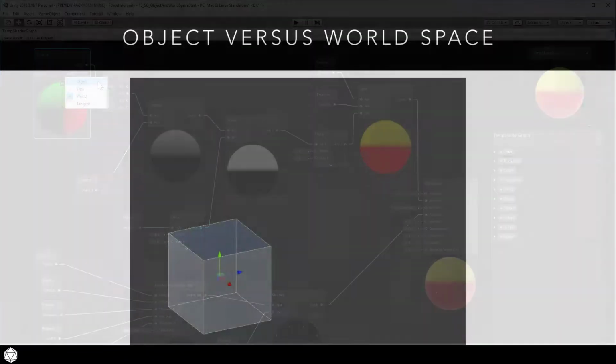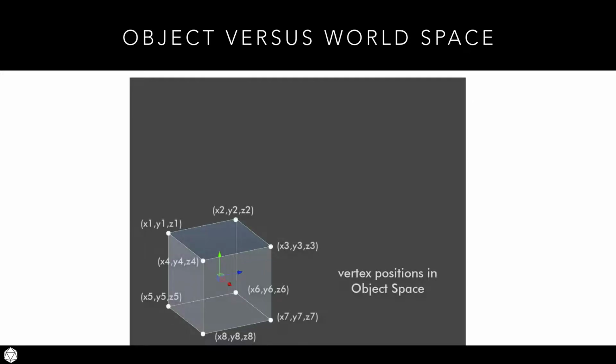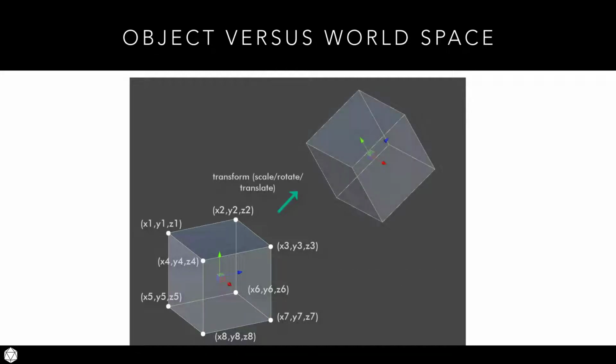If you have a 3D model, each mesh keeps track of its own vertices relative to itself. So let's suppose I have a cube-like mesh like this. Depending on how it was created, usually in an external 3D application, it has the concept of its internal axes, x, y, and z, and it knows where its vertices fall along those axes, and that's object space. If you transform the entire object, shift and rotate it, the world space positions of its vertices change, and that's currently what we're outputting from the position node.